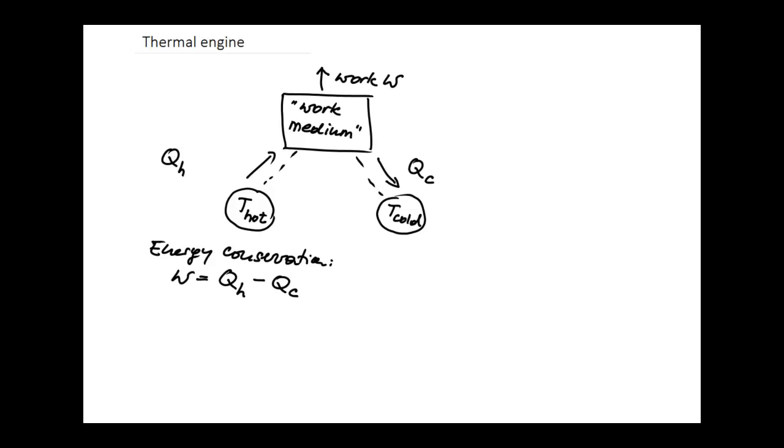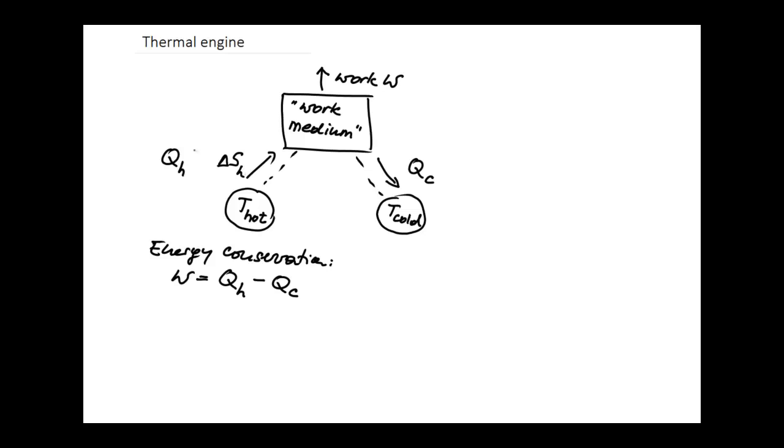This decrease of internal energy corresponds to a decrease of the entropy of the hot reservoir, delta entropy of the hot reservoir. Now the relationship holds between change of internal energy and change of entropy: dU is equal to TdS. That holds for the hot reservoir.